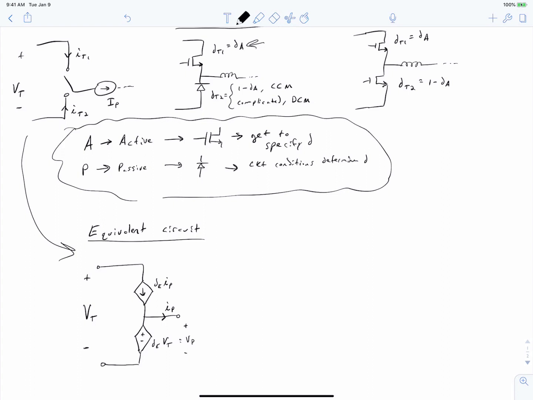We've always analyzed our pole voltage as being a duty ratio times our throw voltage, and we've always analyzed our top throw current as being the duty ratio times our pole current. But we're going to formalize this now. And let's start by making the following observation, that this situation preserves power balance.